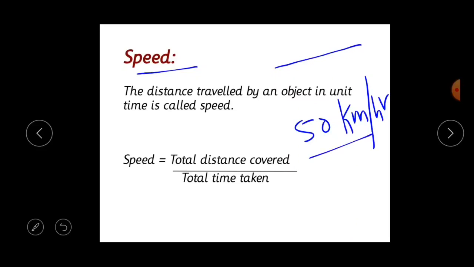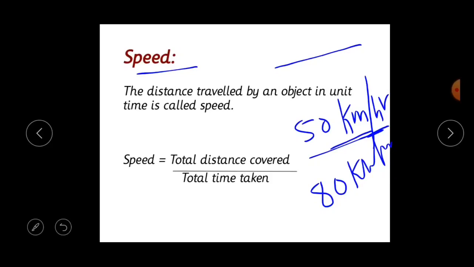Yes, so here kilometer per hour means 1 hour. So we do not bother whether the car has been moving with a constant speed or not during that hour. Okay, so that is called the speed. So here one car is moving with the speed 50 km per hour, or another car is moving with the speed of 80 km per hour.